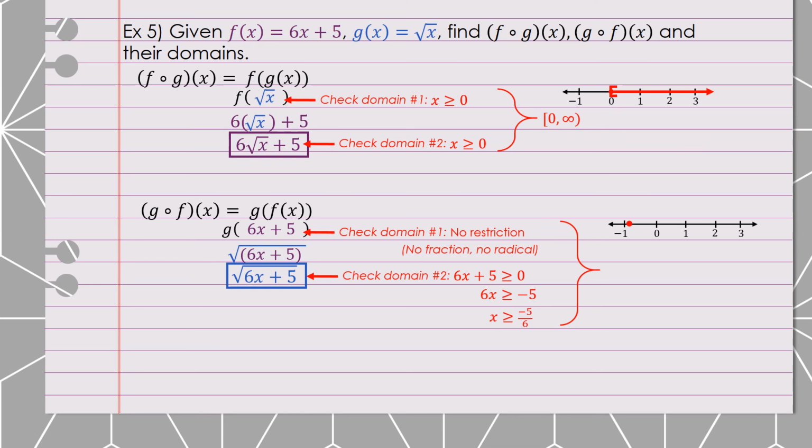Now, what values would be considered larger than negative 5/6? Well, that would be the values to the right. So we would shade to the right of negative 5/6 on the number line. Now we must decide, do we include negative 5/6? And the answer is yes, which means we would have a bracket. And so now that we see the shading on the number line, we're ready for our interval notation. It would be bracket negative 5/6, comma, infinity.